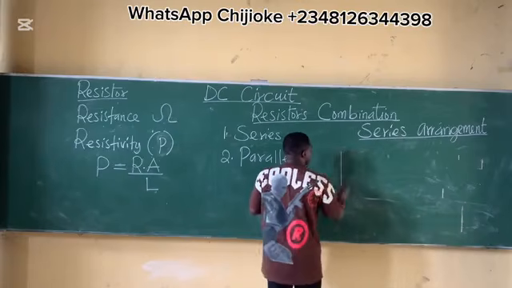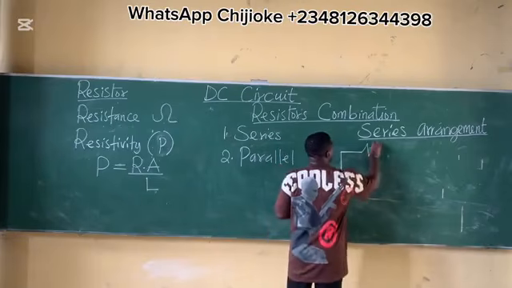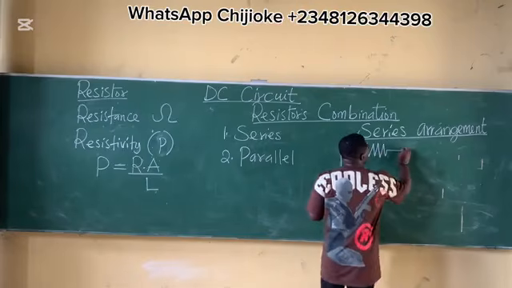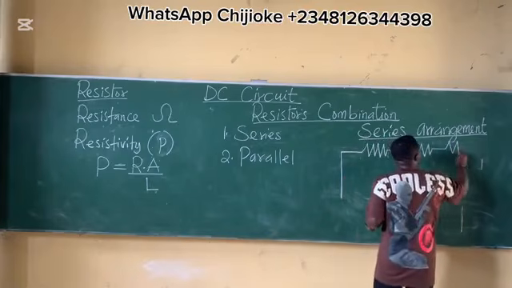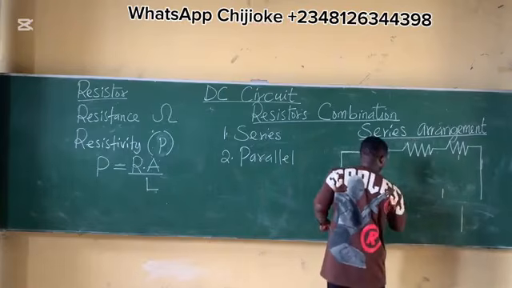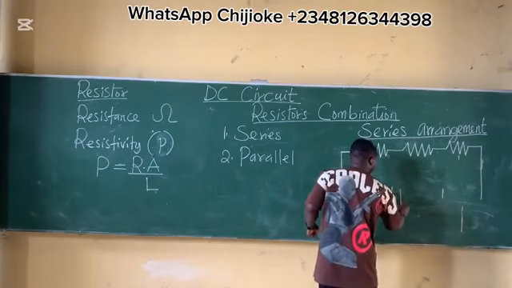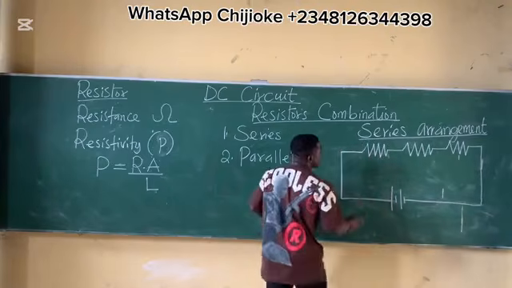Let's take an example of series arrangement of resistors in a DC circuit. Alright, so this is my battery.